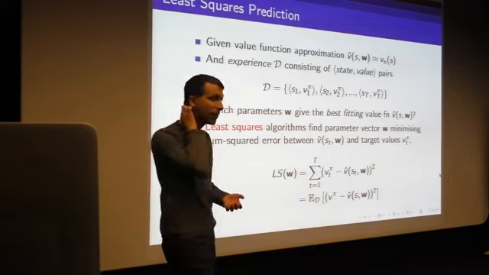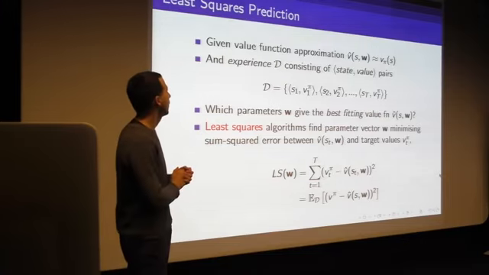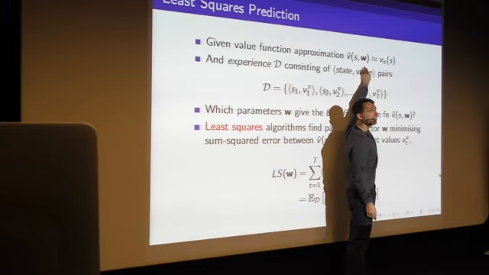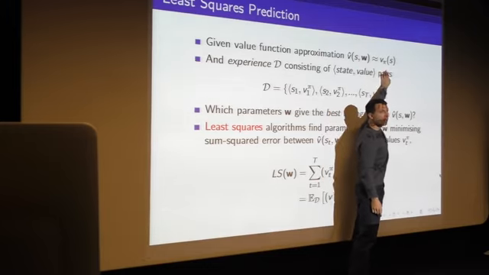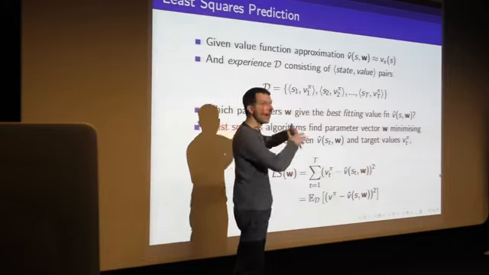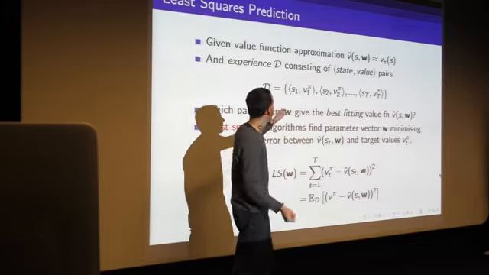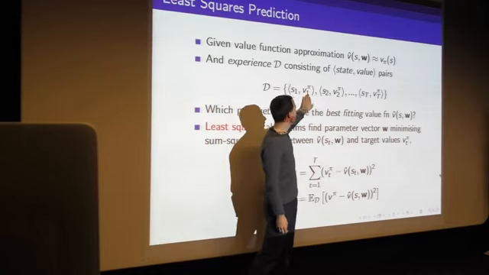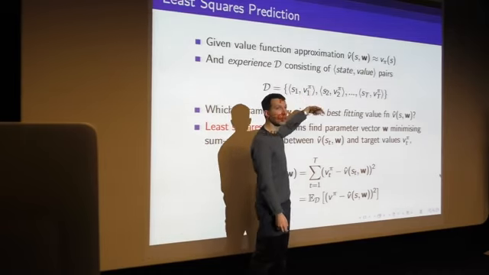Well, one definition would be something like a least squares fit. If we want to fit our function approximator to the true value function for our policy, we can again define some data set. This is just what we did before. We've got some training set, which is our states and our targets. Let's say there's an oracle again.